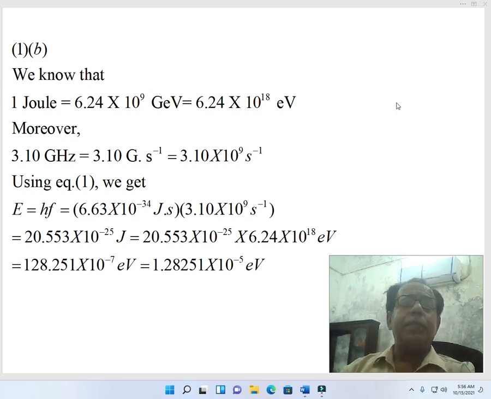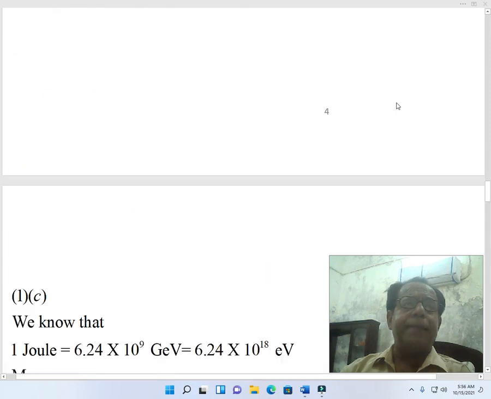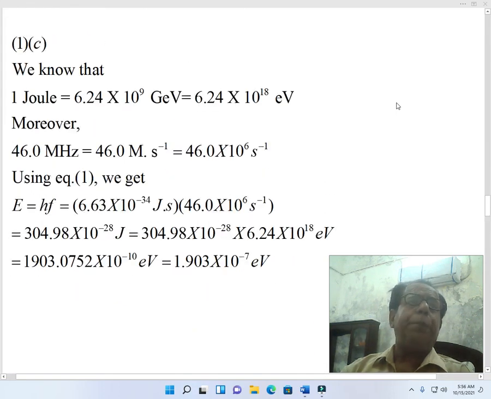Now students, we move on towards part C of part 1. The only difference here is that in place of tera or giga, million is used, and we know that million or mega is a prefix which stands for 10 raised to the power 6.